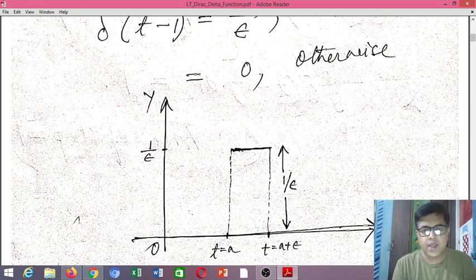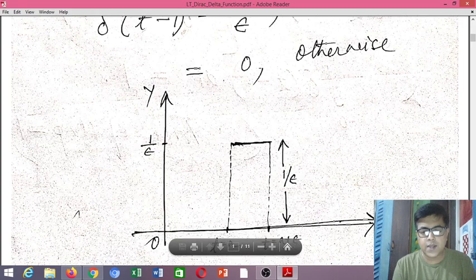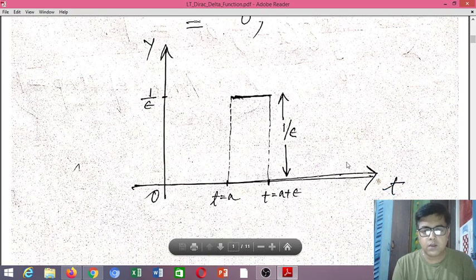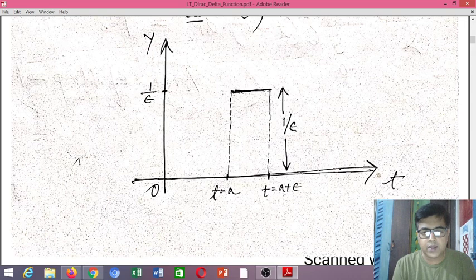I have taken on the x-axis the time, and on the y-axis the function. From a to a plus epsilon, the function delta t minus 1 is equal to 1 by epsilon, so it's a straight line parallel to the x-axis. The height, the magnitude, is 1 by epsilon, clearly over here.